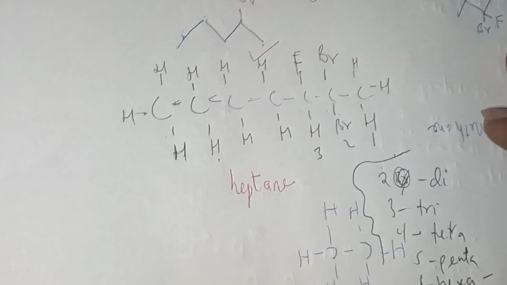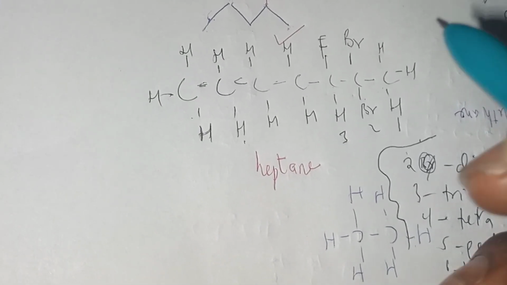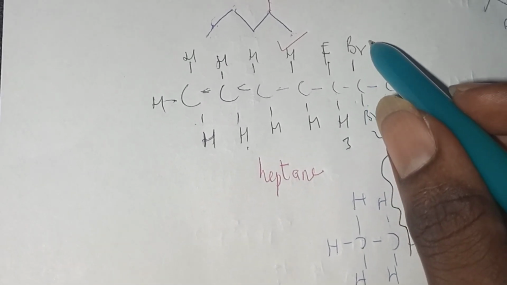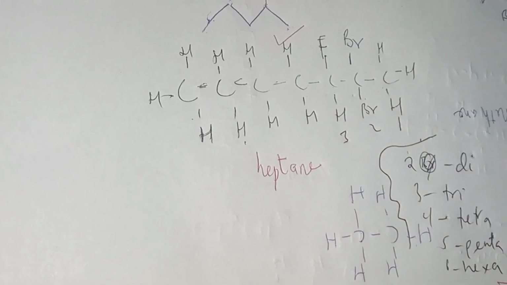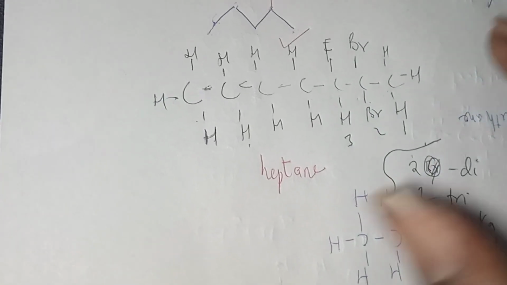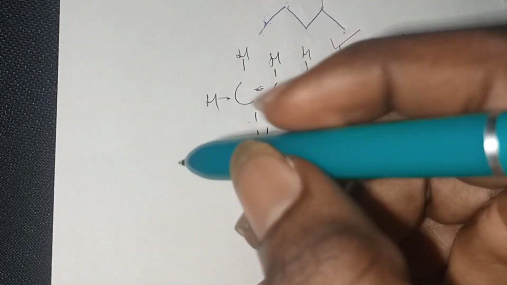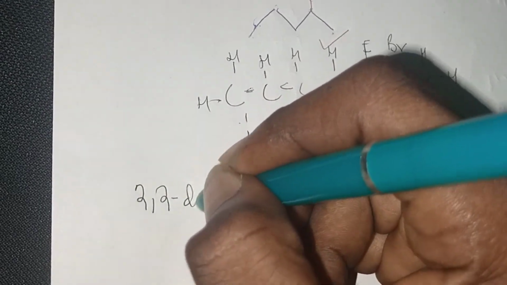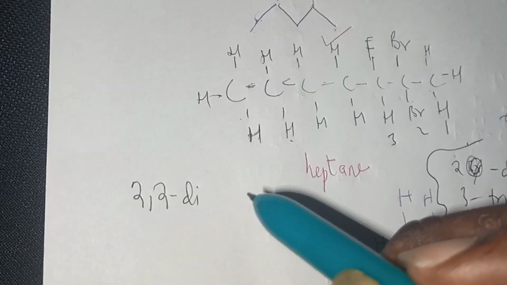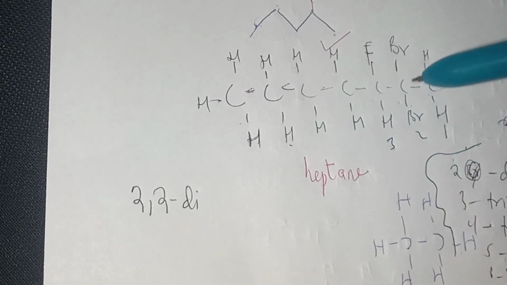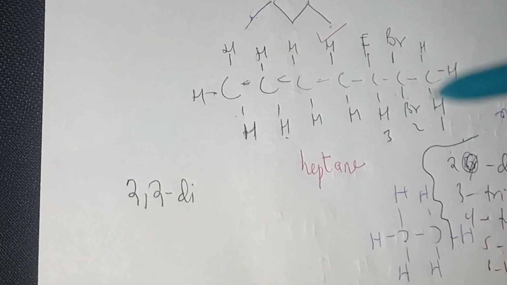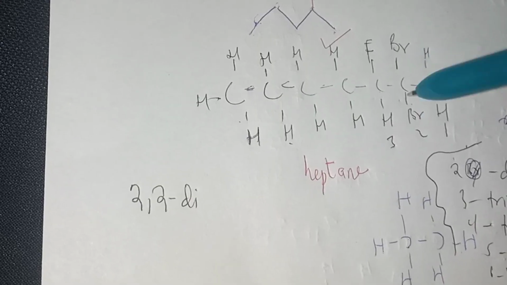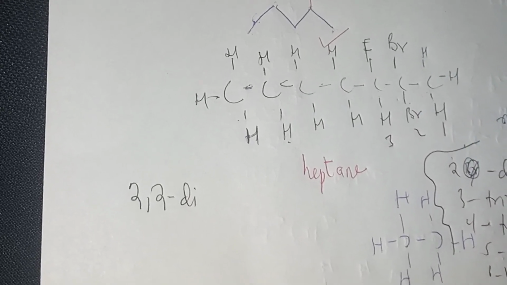So basically you can see that in this compound, the bromine is appearing twice on the second carbon. So what you do is that's going to be 2,2-di, not because they are dead per se, but you could see 2 carbons, 2 substituents of the same kind.